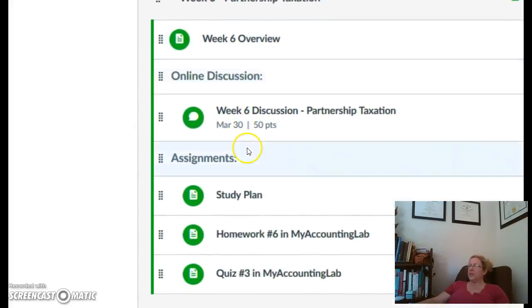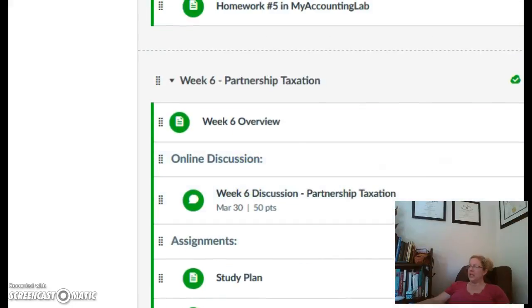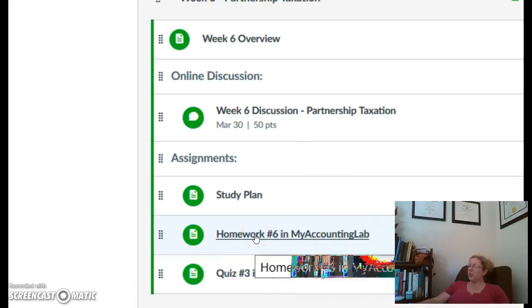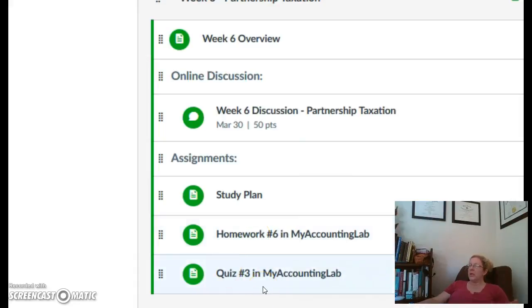And then in week 6, we have partnership taxation. And we have the final quiz in week 6, which is quiz number 3. And remember, always do your homework before you do the quiz, because the quiz is going to cover everything from the previous 2 weeks. And so you'll just be more prepared if you do your homework first.